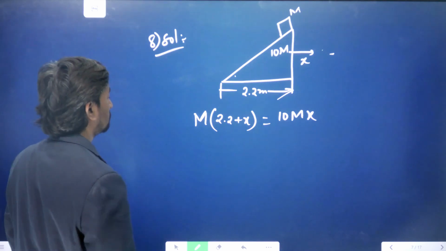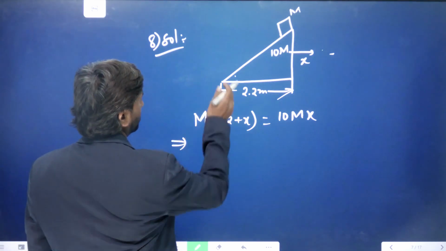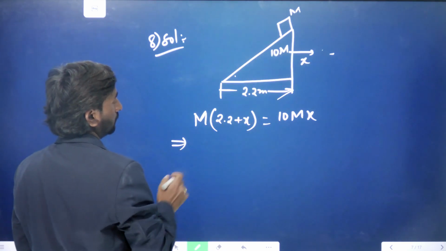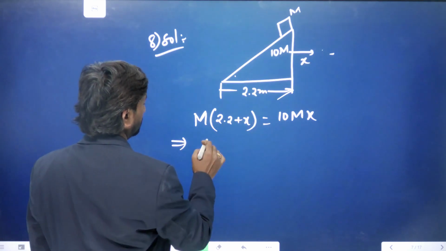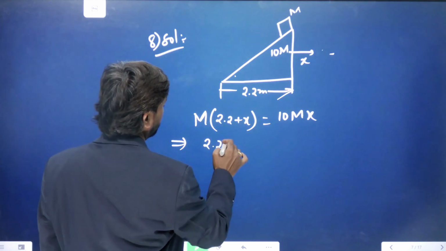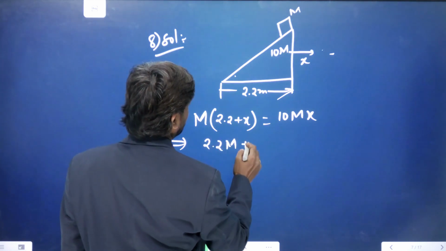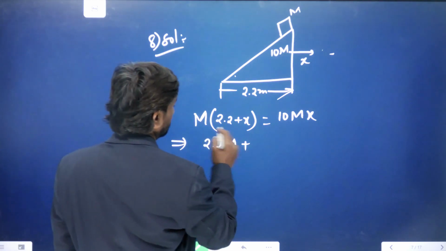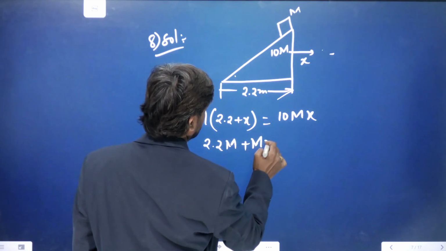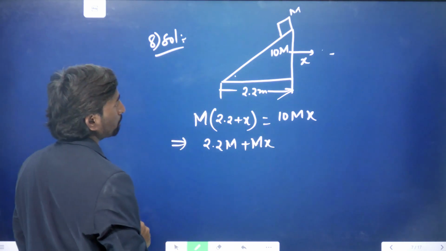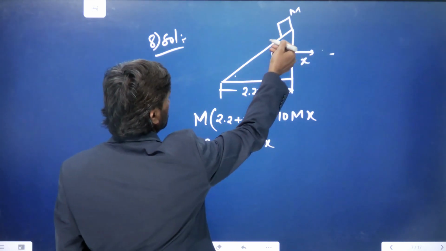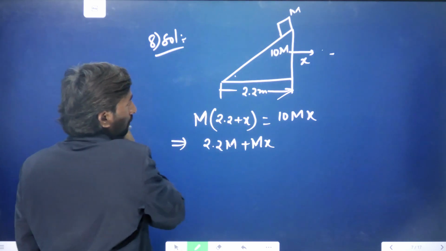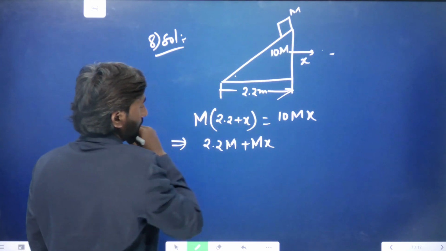Along the horizontal direction, there are no forces acting. So it will be like this: 2.2 capital M plus m into x. If this moves downwards, the other moves x distance to the left side.